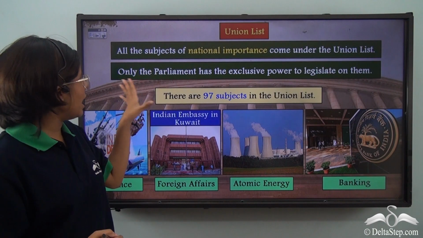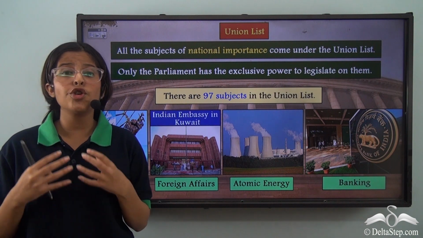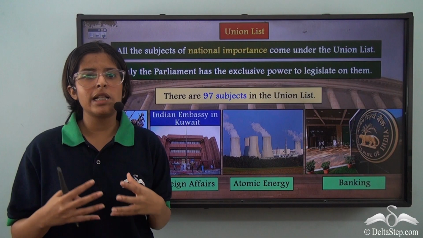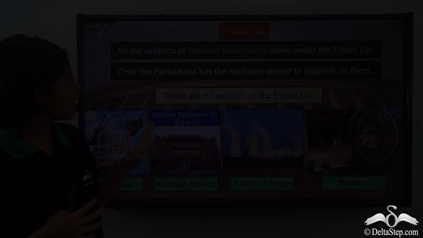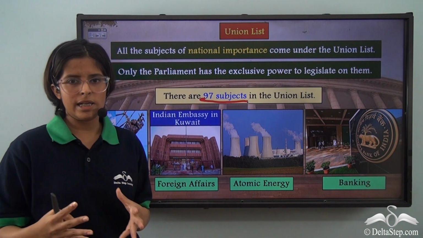And only the Parliament, which is the representative of the central government or the Union, has the exclusive power to legislate on these subjects. There are 97 subjects in the Union List.